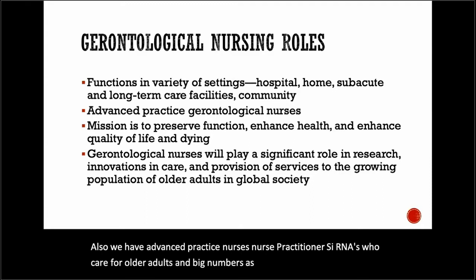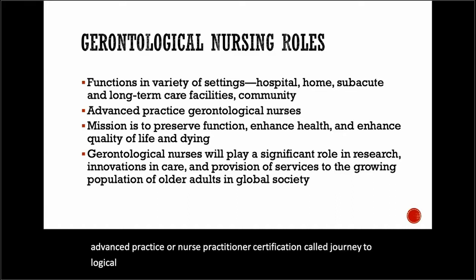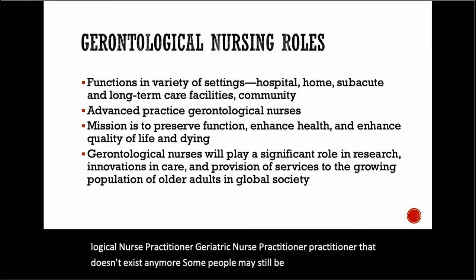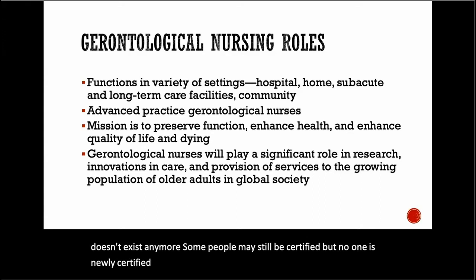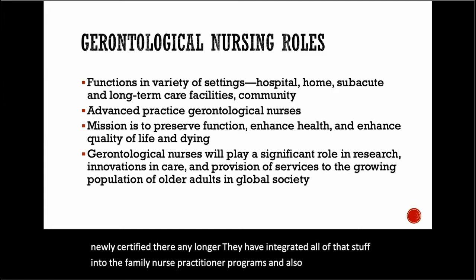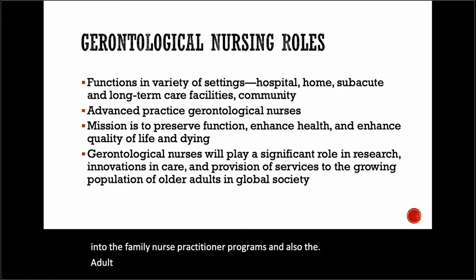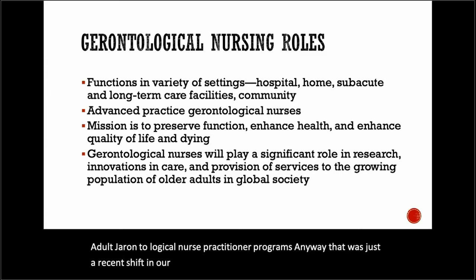We used to have an advanced practice certification called a gerontological or geriatric nurse practitioner. That doesn't exist anymore. Some people may still be certified, but no one is newly certified any longer. They have integrated all of that into the family nurse practitioner programs and also the adult gerontological nurse practitioner programs. That was just a recent shift in our profession.